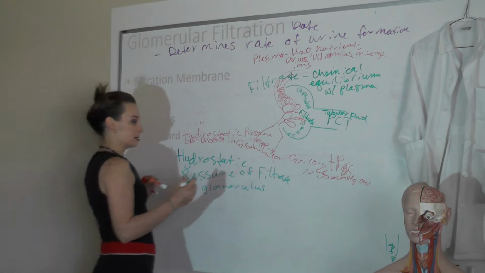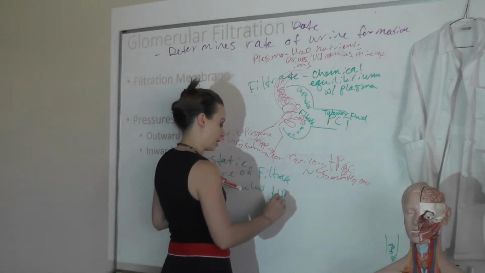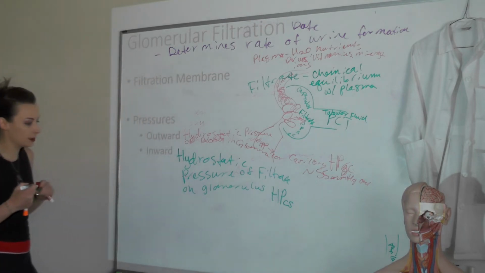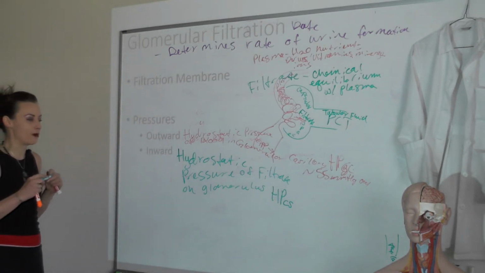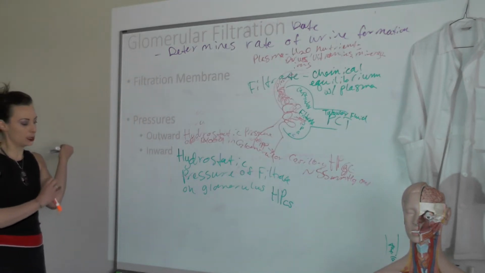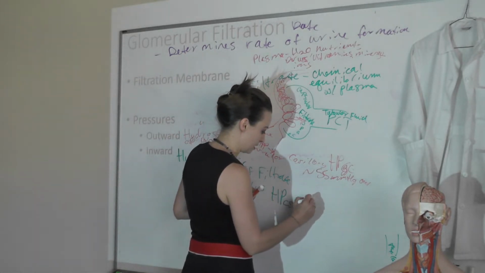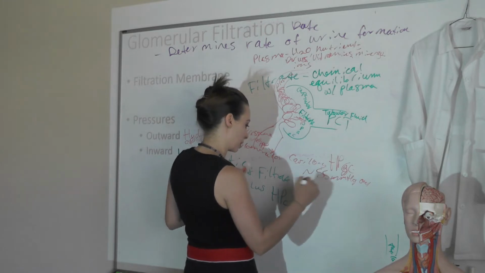And we could call this our HP, hydrostatic pressure of the capsular space. And I feel like that's somewhere around 15 millimeters of mercury in. So it's about 15 millimeters of mercury back in.